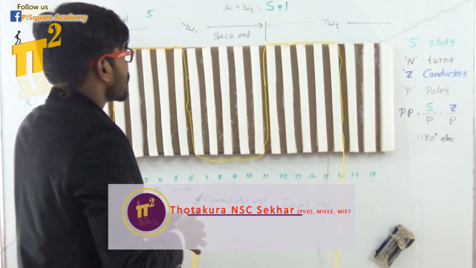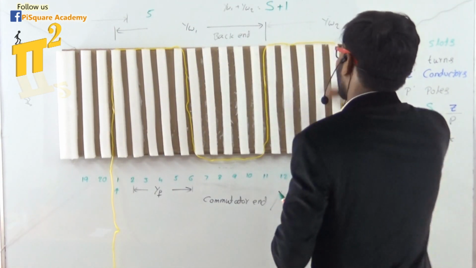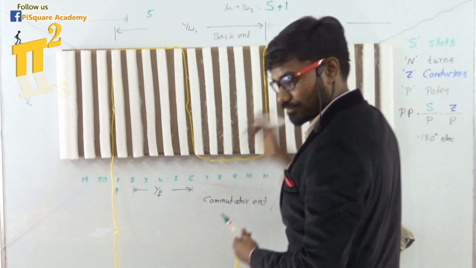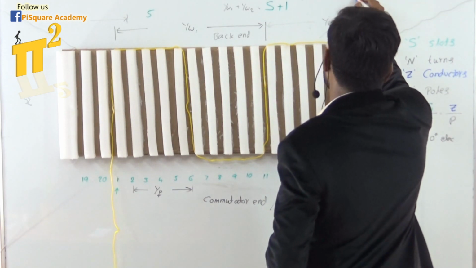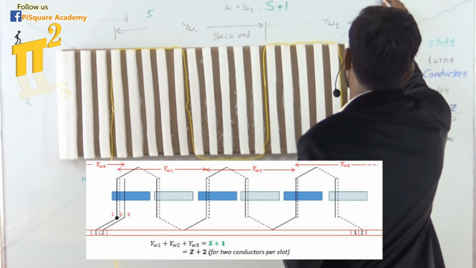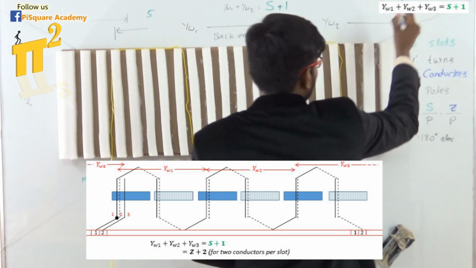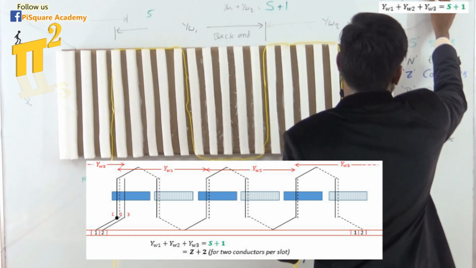If it is a 6-pole machine, then YW1 plus YW2 plus YW3, three winding pitches, will be equal to S plus 1.